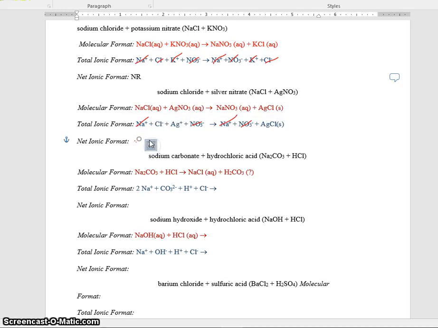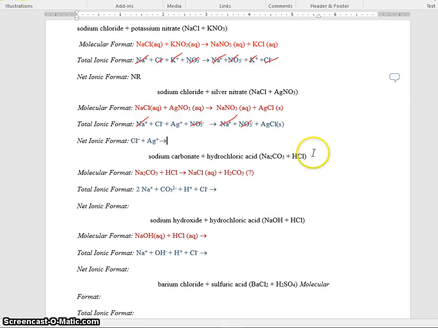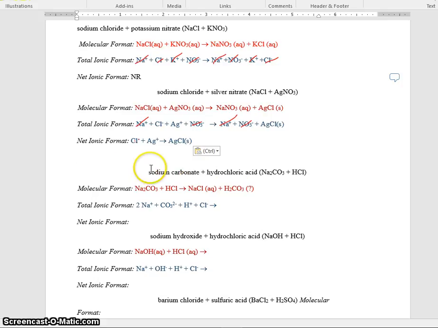All right, ignore the little dots because I'm obviously not very talented at this. All right, goes to form silver chloride solid. Okay, so that would be our net ionic formula. Okay, I'm going to have to stop this here and continue with another video.